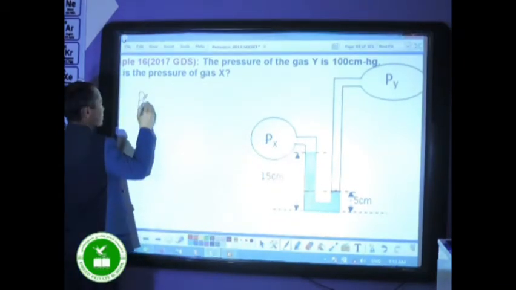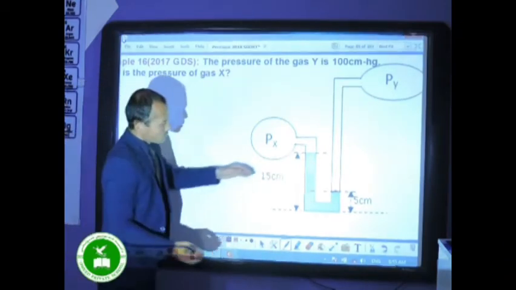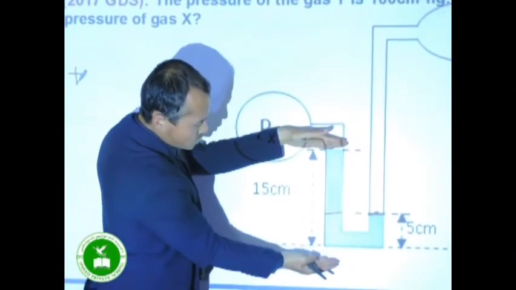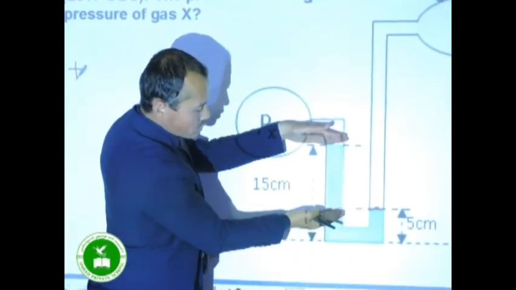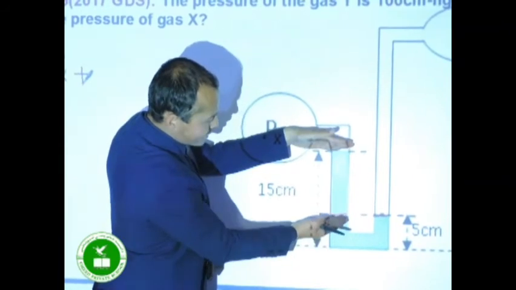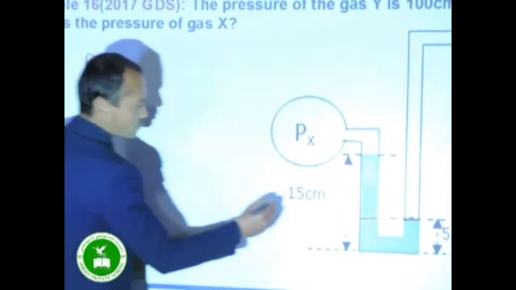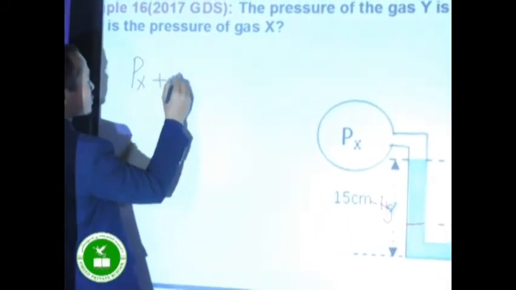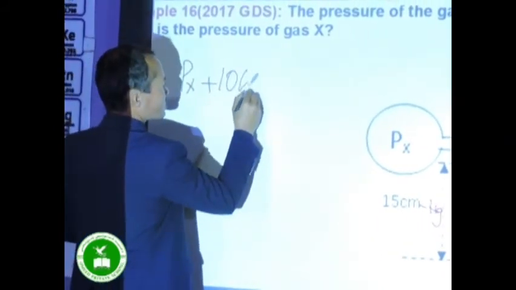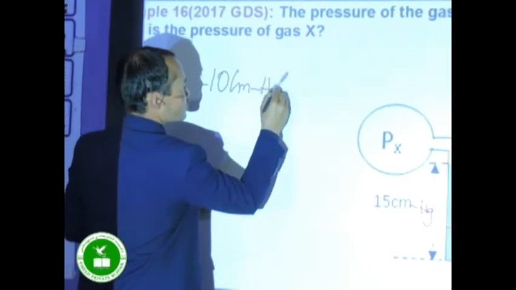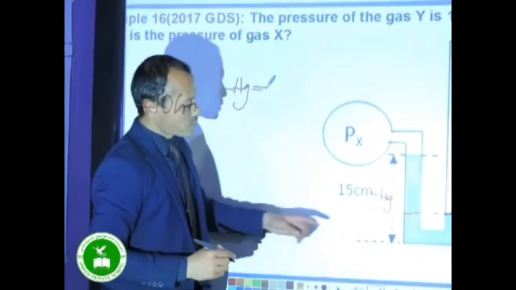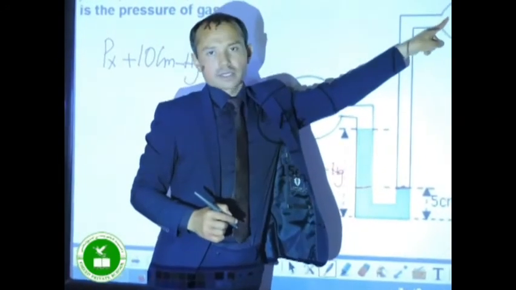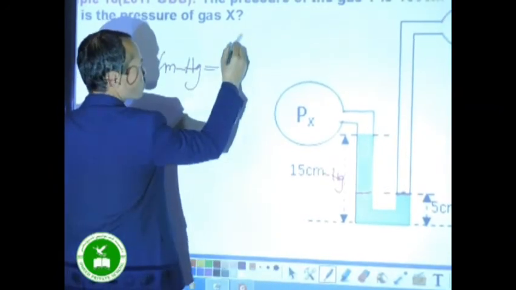So Px plus this height, which is 10 centimeter Hg, is equal to pressure on this other point. On this point we have only this gas, it means Py.